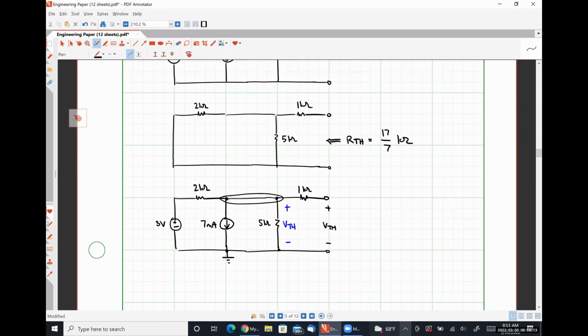So if I apply Kirchhoff's current law at that node, I have VTH minus 3 volts divided by 2 kilo ohms plus 7 milliamps plus VTH divided by 5 kilo ohms equal to 0. That's a one equation, one unknown thing that I can solve for VTH directly.